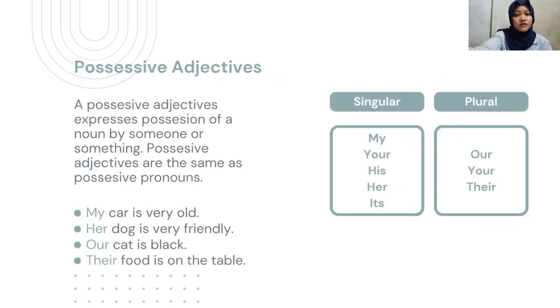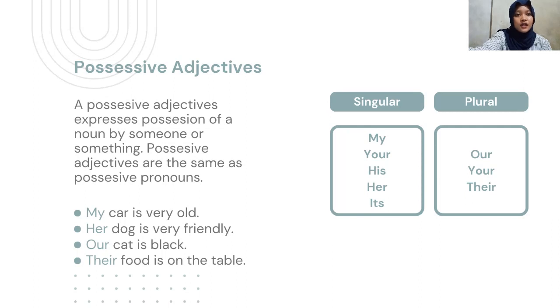Possessive adjectives. A possessive adjective expresses possession of a noun by someone or something. Possessive adjectives are the same as possessive pronouns. For example, my car is very old. Her dog is very friendly.